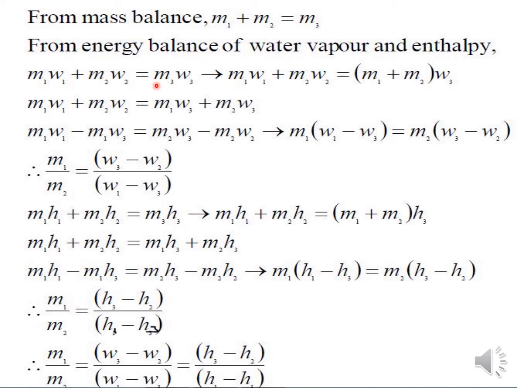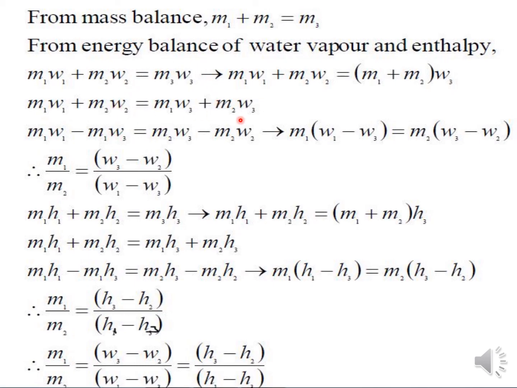So M3 is equal to M1 plus M2, it is written here. So (M1 plus M2) into W3. This W3 is multiplied with both the terms and kept here, and the M1 term is taken to this side, the M2 term to this side.